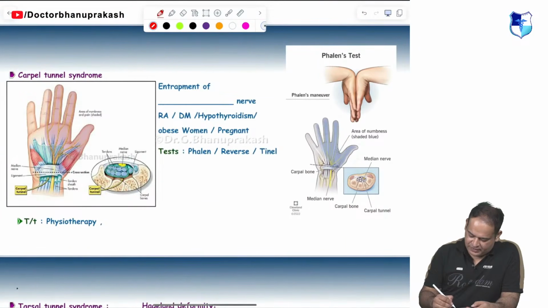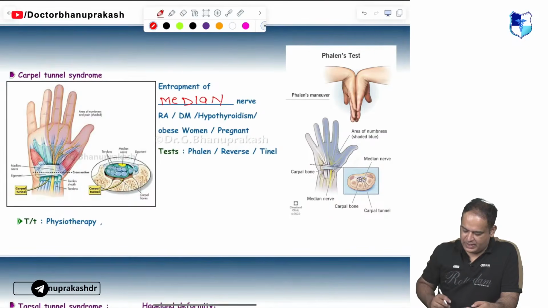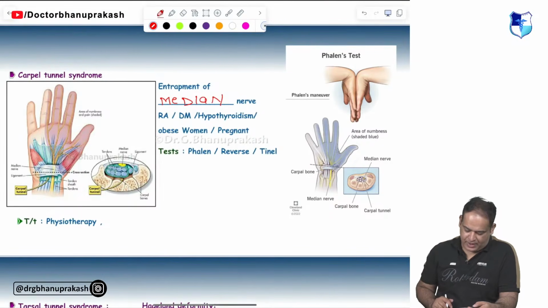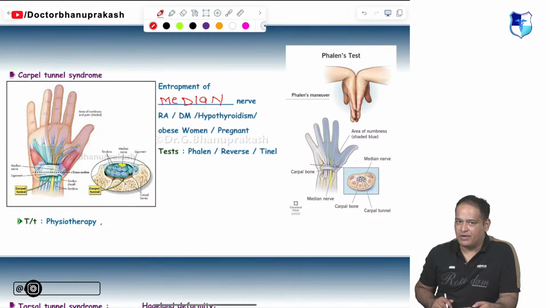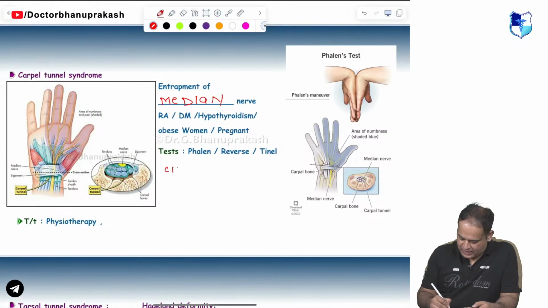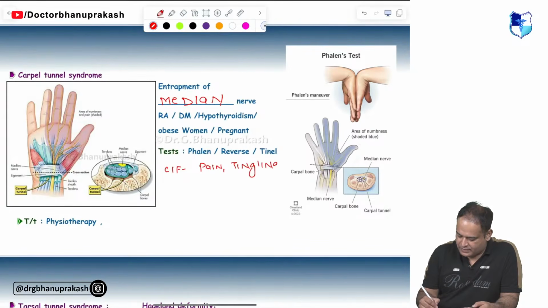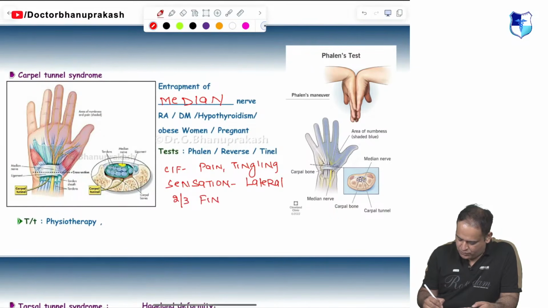Carpal tunnel is the entrapment of median nerve, fine. Clinical feature, pain and tingling sensation in the lateral 2 or 3 fingers.